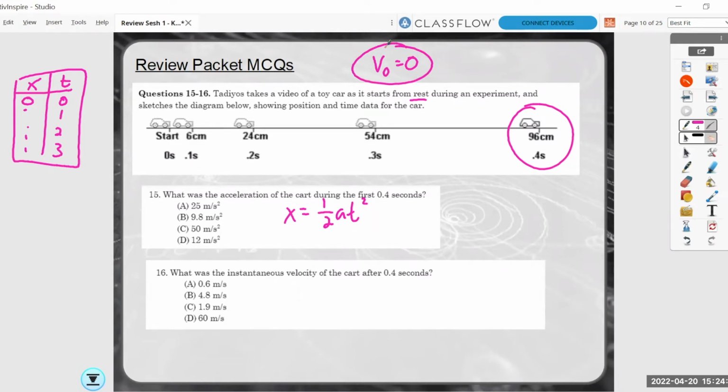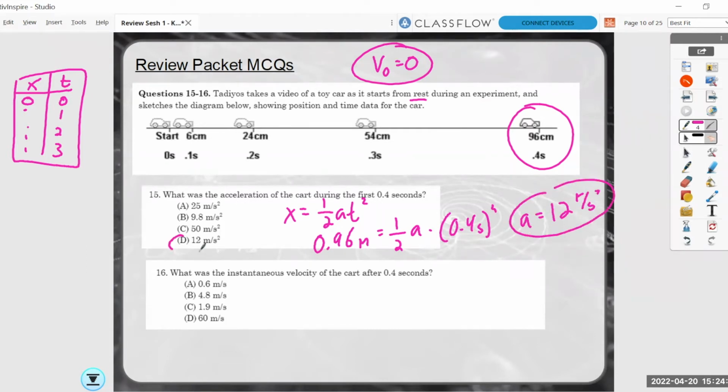So it goes 0.96 meters, equals 1/2 a times 0.4 seconds squared. I don't know what my acceleration is, but if I do my algebra properly, 0.96 times 2 divided by 0.4 squared, I find my acceleration is 12 meters per second squared. Actually, quite an aggressive acceleration in this case.